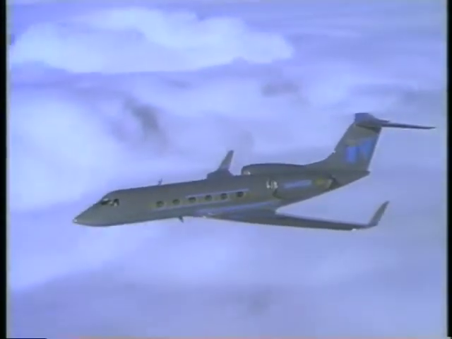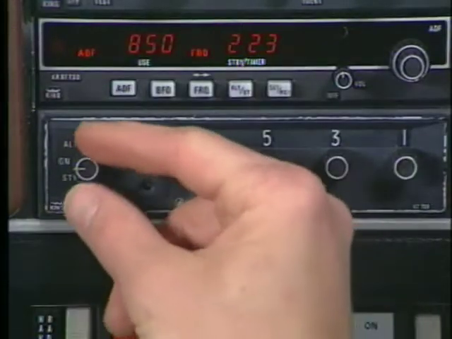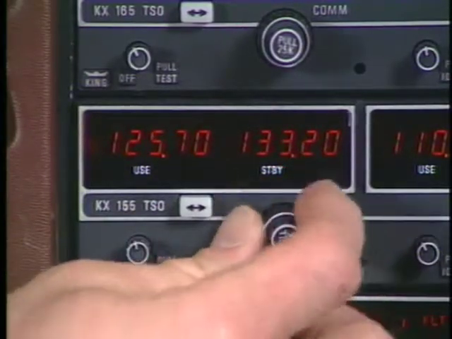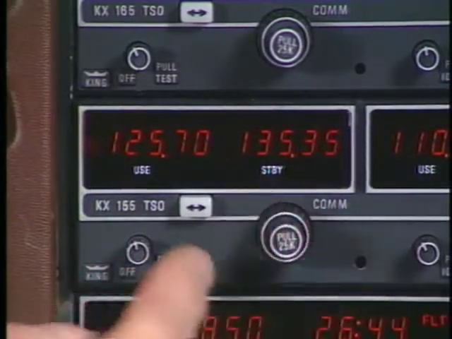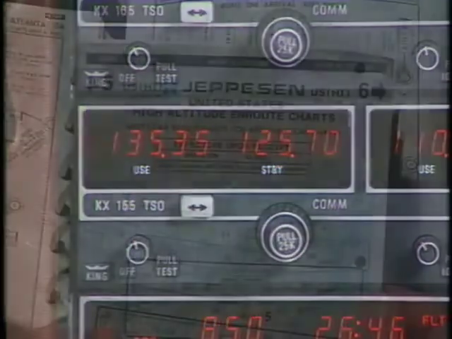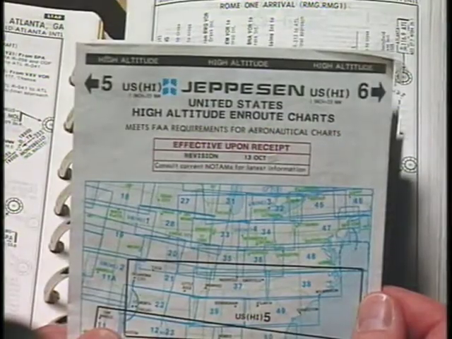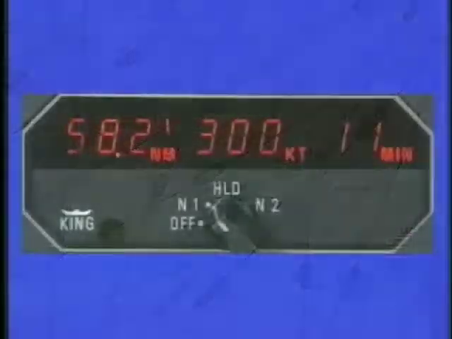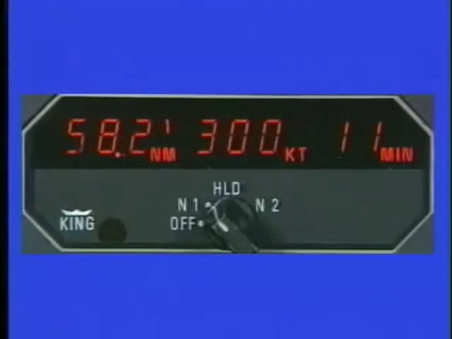In addition to the standard IFR equipment requirements, your aircraft must have an encoding altimeter, a transponder with mode C, and radio equipment capable of communicating with ATC on the appropriate frequencies. Instrument high altitude and route charts must be used for navigation in Class A airspace. If you're using VOR navigation, your aircraft must be equipped with DME for flights above 24,000 feet.